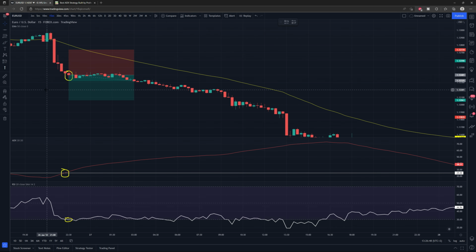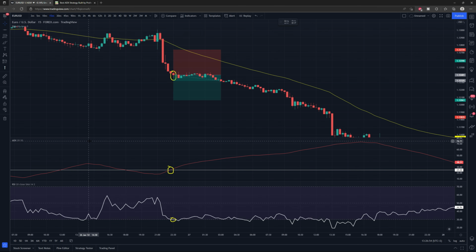Let's place our little tool there. And for the last ADX high, we can take a look over here. This was the turning point right here. So this green candle is going to be where our stop loss is placed, just above the last ADX high. So yep, that's perfect right there.